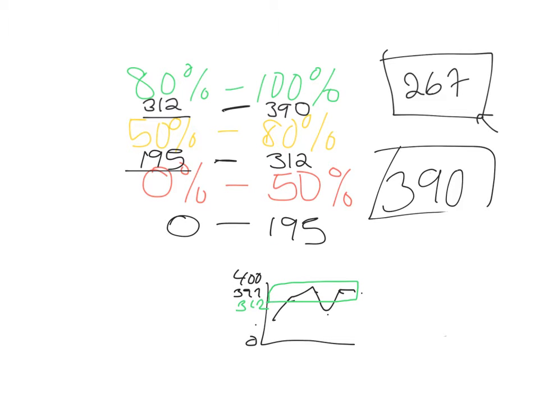Anytime that they were in the 312 to 195 range, that section of the graph would be yellow. And this person happens not to be anywhere between the 195 to 0 range, but that section of the graph would be colored red. Okay.